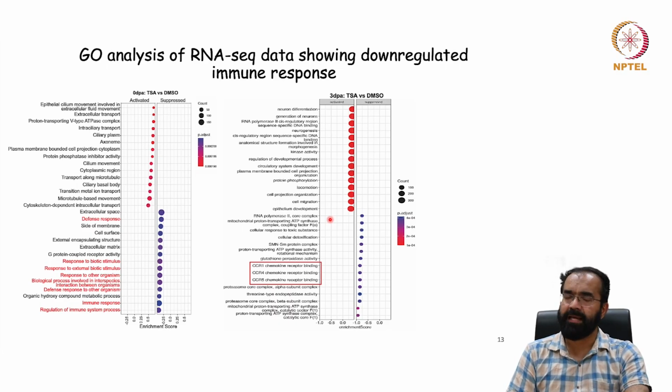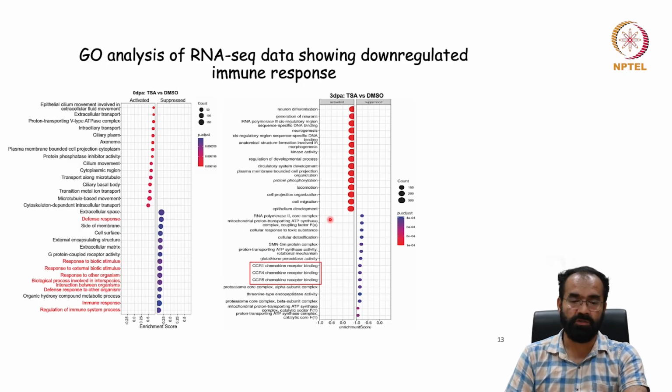Then we thought, can this somehow interfere with the immune response because of this TSA treatment or HDAC inhibition? To our surprise, compared to the scenario where there is no treatment, there is a decrease in the immune response genes in that injured site. So if you pre-treat the animal with TSA, the immune response genes are downregulated.